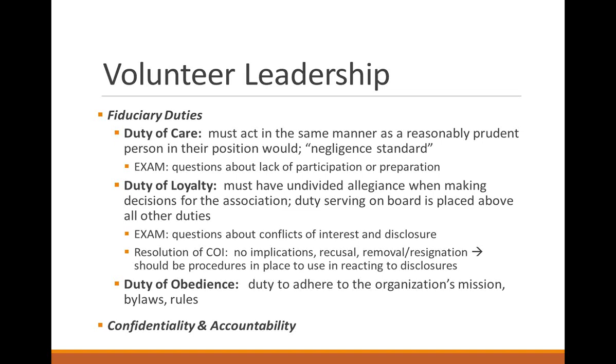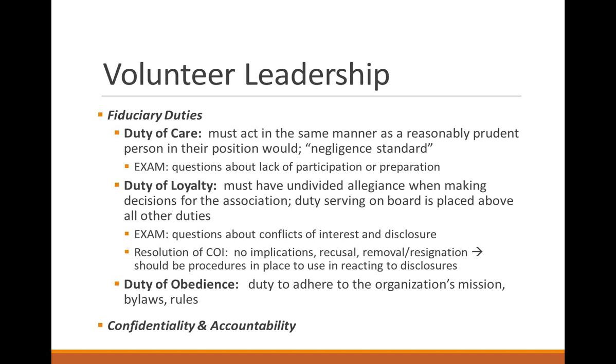They disclose, and the board decides that they should just not vote, or maybe they should leave the room and not vote. Removal, resignation, perhaps the issue is egregious and it calls for them stepping off the board. Regardless of how it's resolved, there should be procedures in place to use in reacting to disclosures.